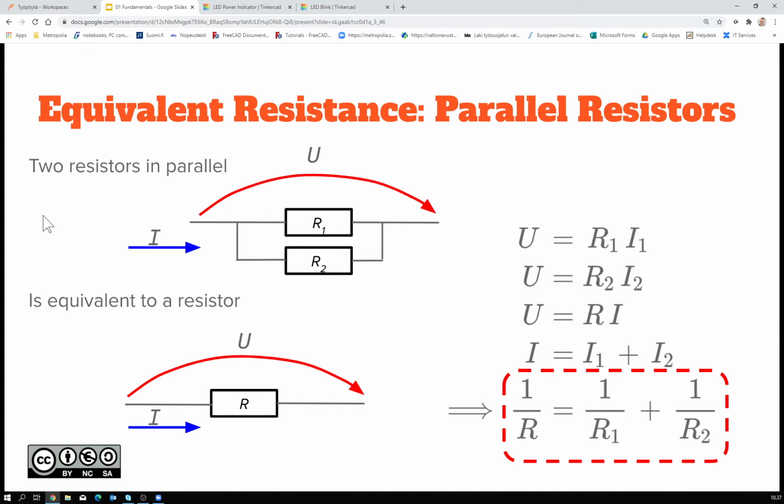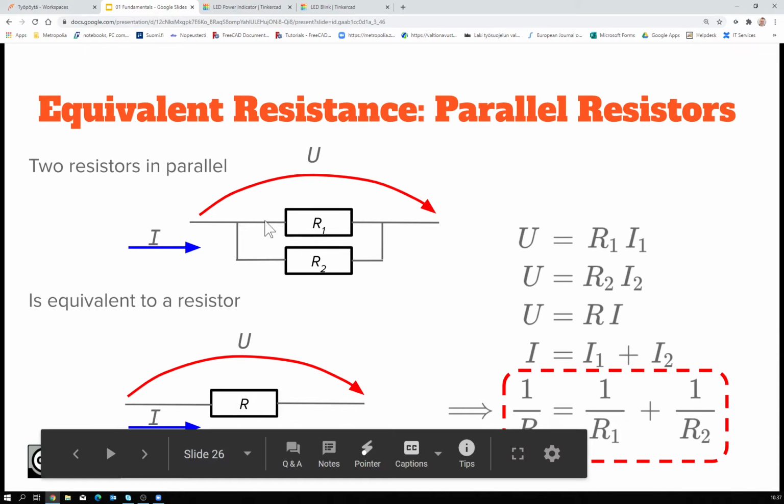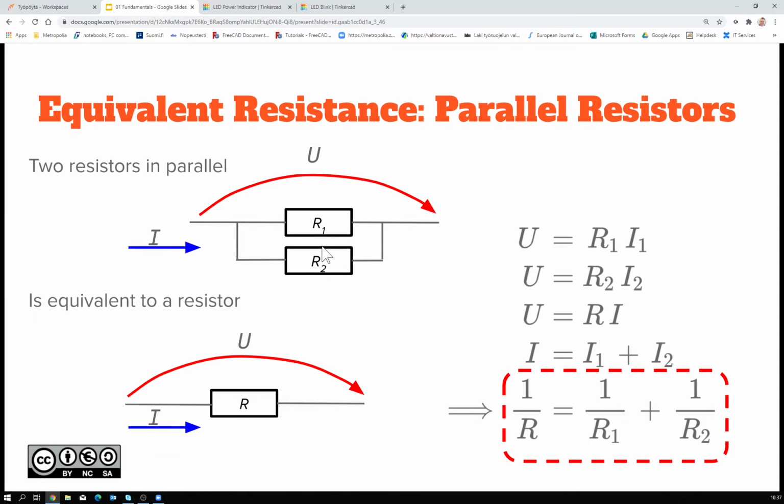So, two resistors in parallel. We have current I1 flowing through R1, and I2 flowing through R2. The total current is just the sum of those two. We are already applying some of the laws that I didn't tell you about, but just take my word for it this far.